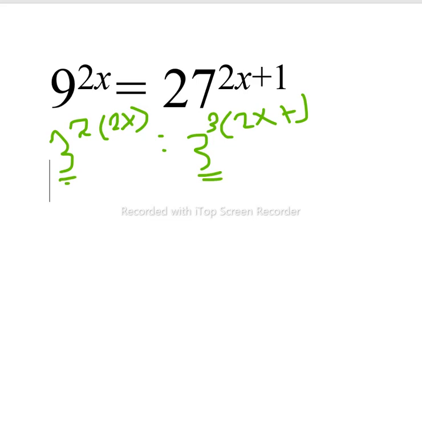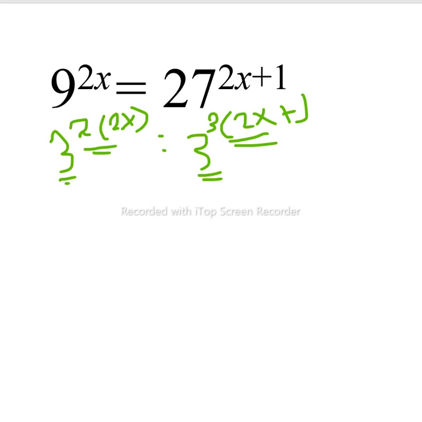If they have the same base, we leave the base and take only the power, or exponent, of the number.